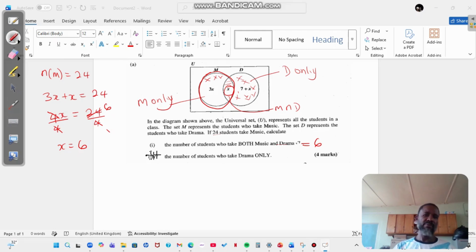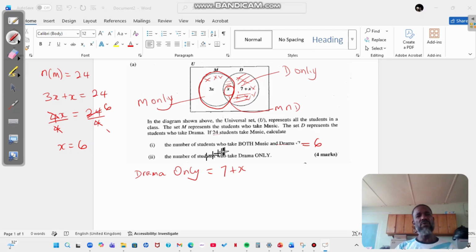Now having solved that, we move to the other question: the number of students who take drama only. Remember, students, that drama only is on this side of the Venn diagram. So drama only is equal to 7 plus x.